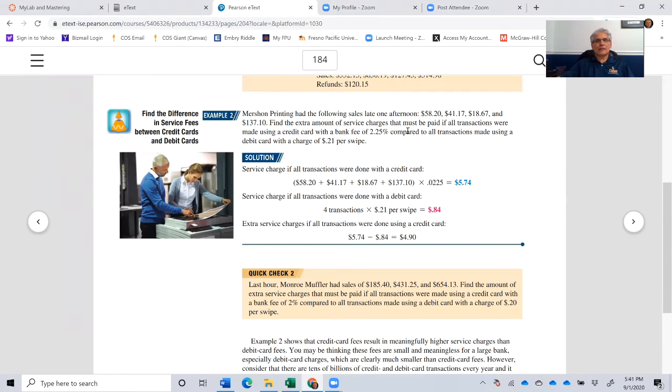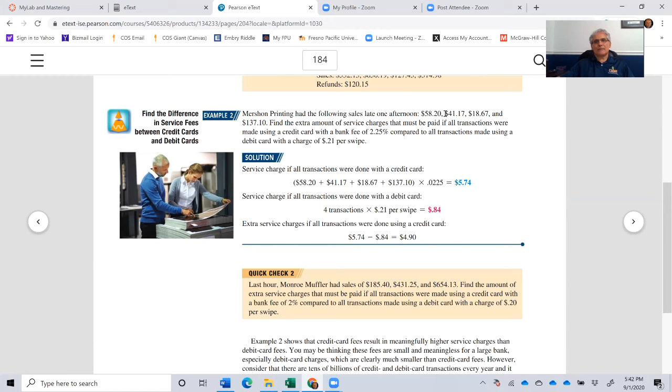Next example kind of goes through the same process, except they're giving you the sales and they're asking for the extra amount of service charges that must be paid if all transactions were made using a credit card with a bank fee of 2.25%, compared to all transactions made using a debit card with a charge of 21 cents per swipe.